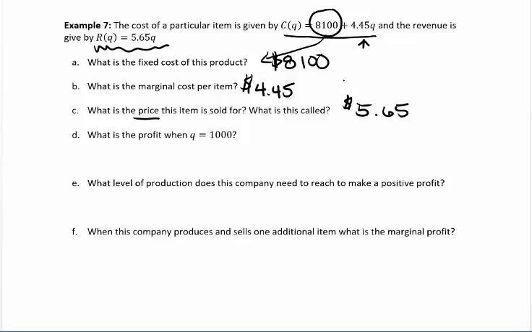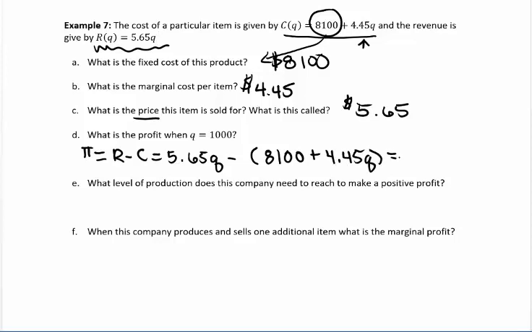Part D. What is the profit when quantity equals 1,000? So if we want to talk about the profit, we want to set up the profit function. So remember, profit is revenue minus cost. So if we plug in our revenue function here, we get 5.65Q minus cost. When we subtract off cost, we have to subtract off the entire function, so make sure you're using parentheses.